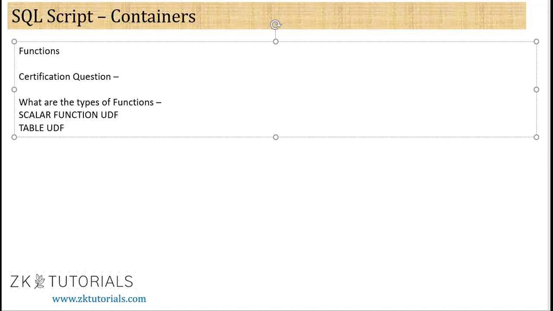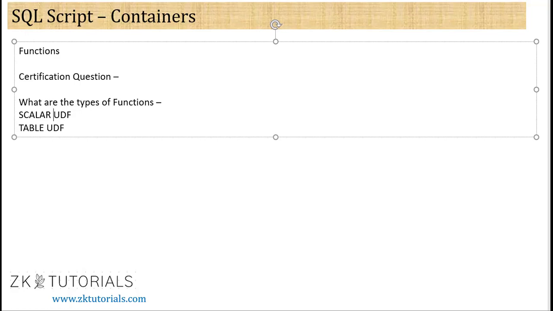If it returns a single value, it becomes a scalar UDF. If it returns a table of values, it becomes a table UDF. You have to specify that in the returns clause, where you put either the scalar variable type or the table and the table type.